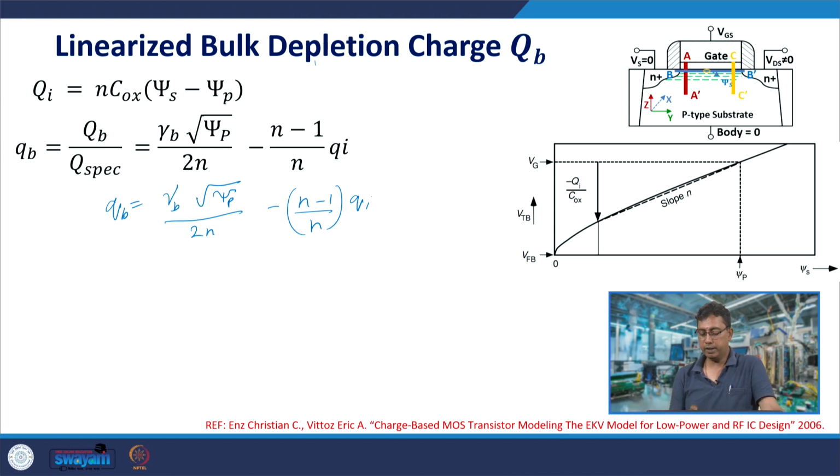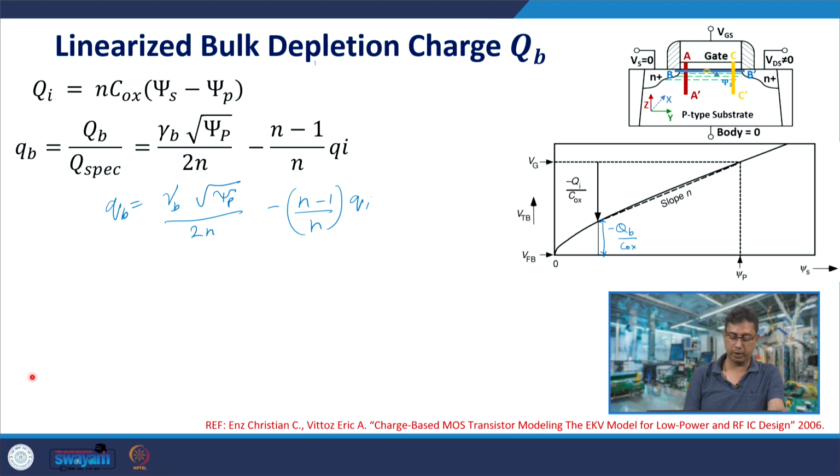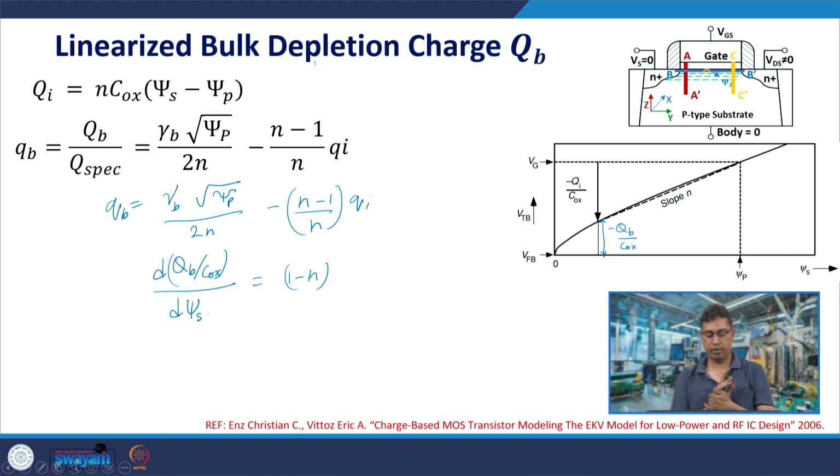Let us also see this interesting thing: how do you obtain the value of depletion charge from this plot? We had seen that dQB by Cox by d chi s, with the absolute surface potential, not normalized, is 1 minus n. What is the value of depletion charge for chi s being 0, the flat band condition?